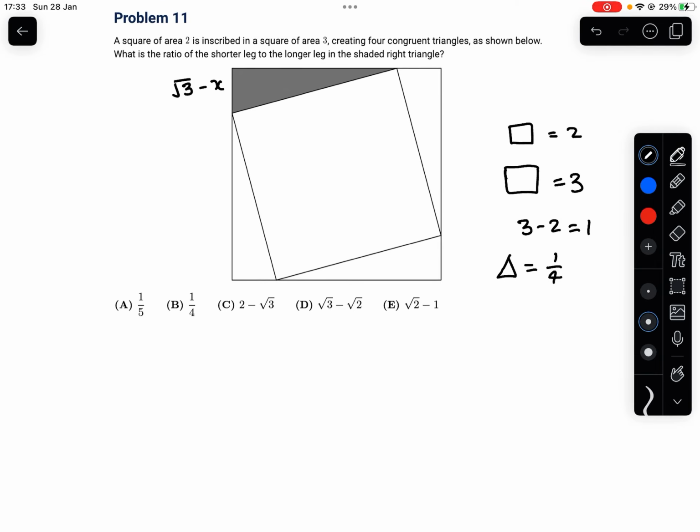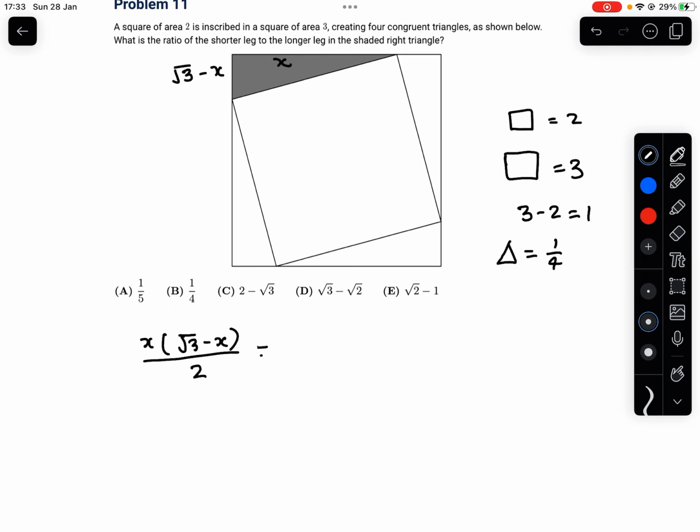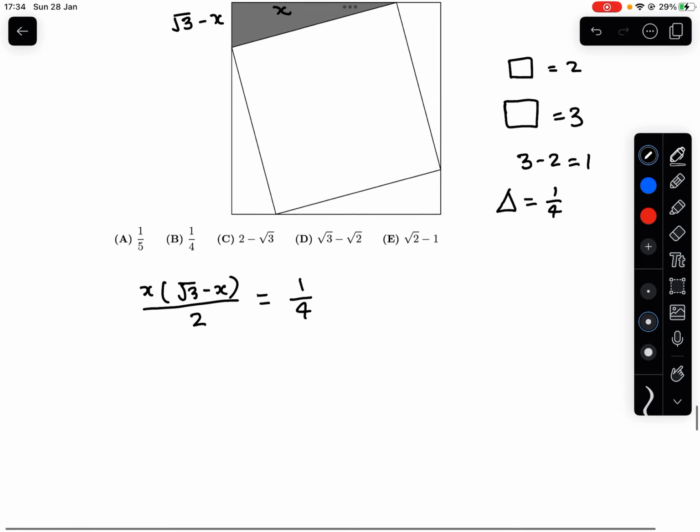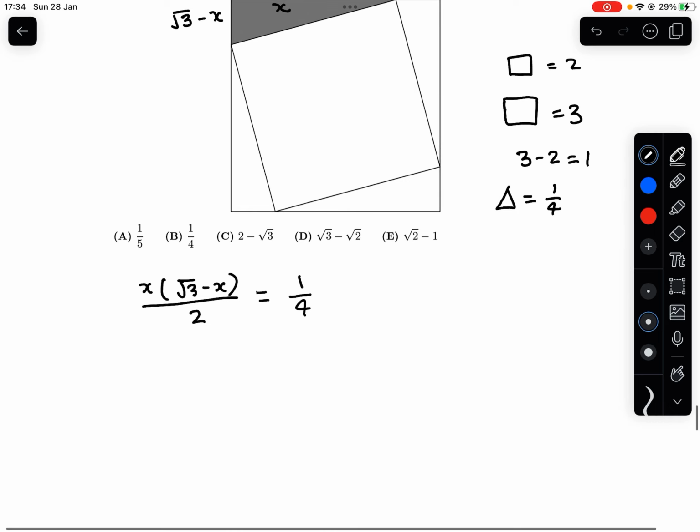So the area of, let's use the shaded triangle, just because why not? This side's x, so the area of the shaded triangle is going to be x times root 3 minus x divided by 2, because that's the area of a triangle, base times height divided by 2, and that's going to equal 1/4, which is the area of this triangle.